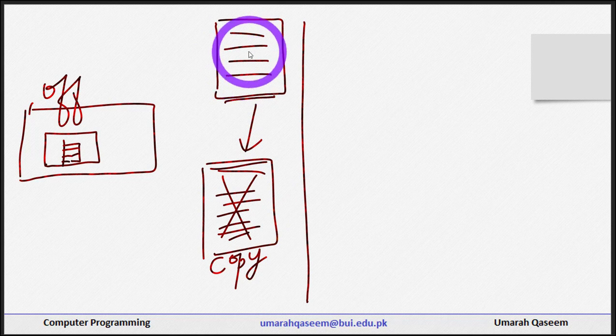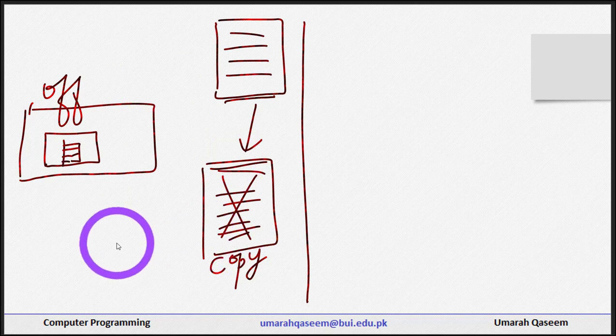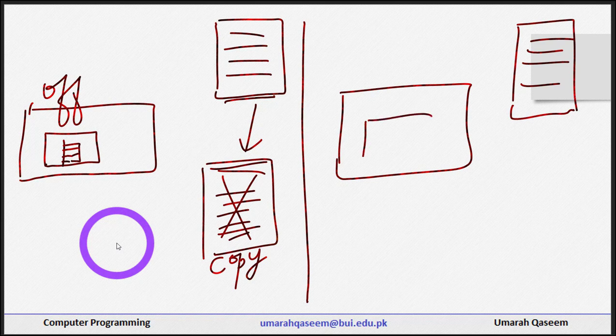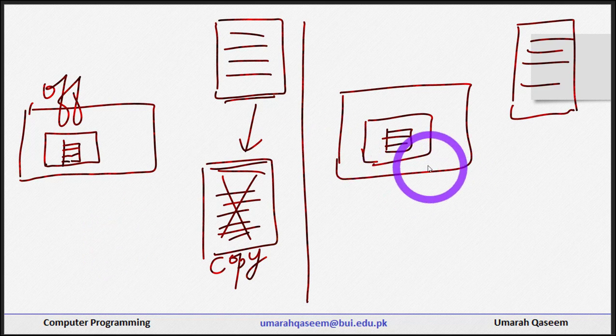Okay, now let's consider the same scenario again in a bit different way. These are the notes of your professor, and they are present in his office, placed there on his table. Now in the second scenario, the professor wants to give you the notes, and what he does is he tells you the original location of these notes.